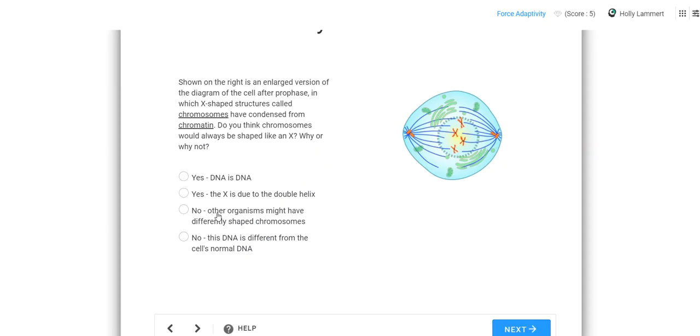So then we could go, no, other organisms might have differently shaped chromosomes, or no, this DNA is different from the cell's normal DNA. Okay, so the correct answer here is that no, other organisms might have differently shaped chromosomes, like remember the bacteria cell that has a circular chromosome.